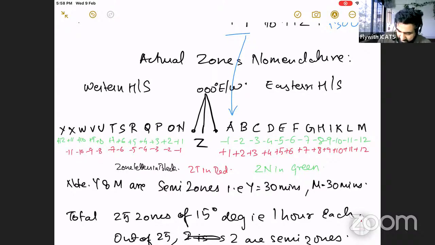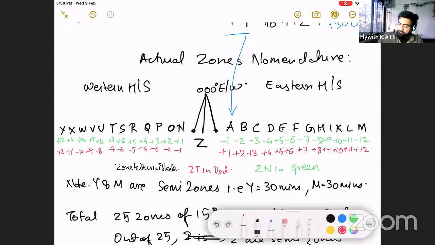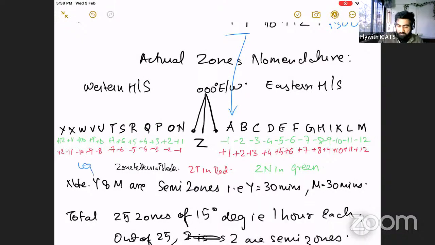Students, what I'm doing right now is basically walking y'all through how to thoroughly revise something that you have done in the previous class and how effective it is.